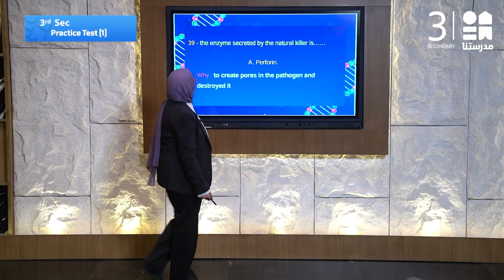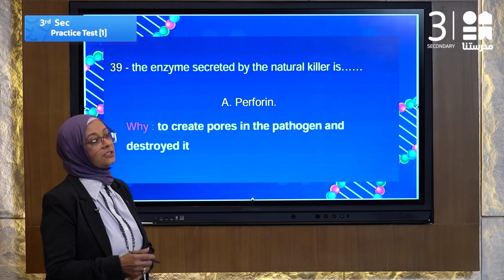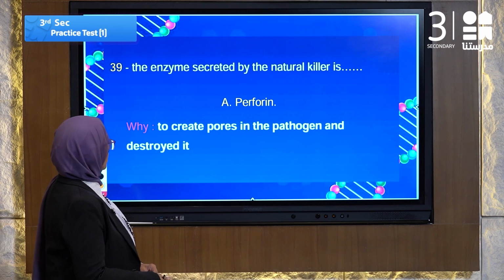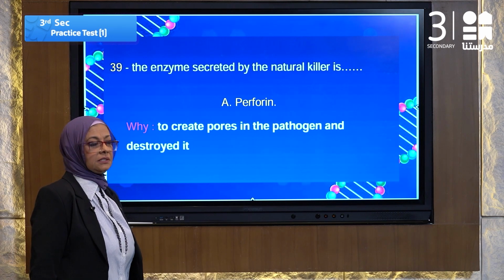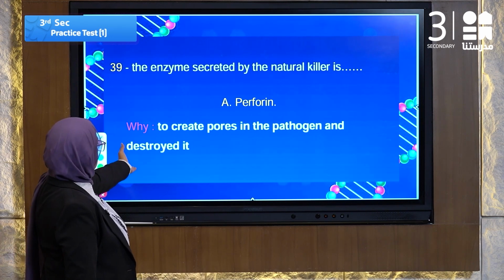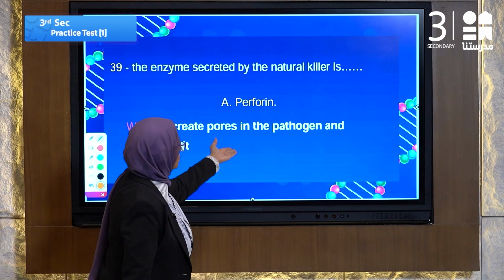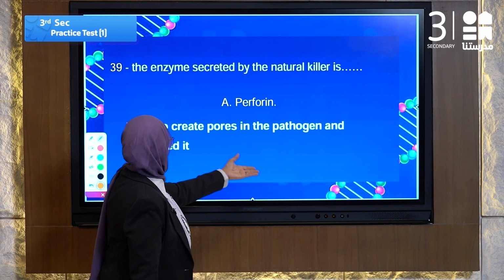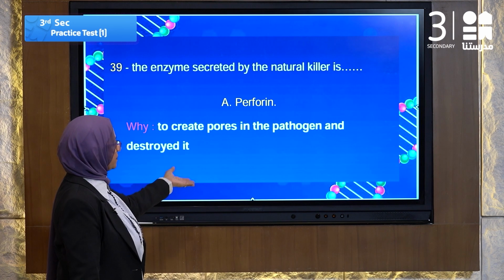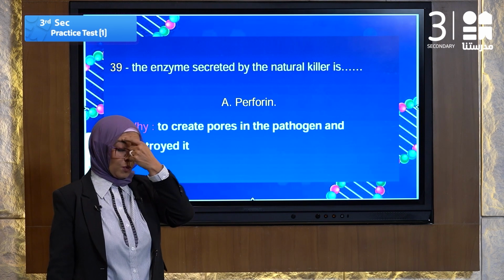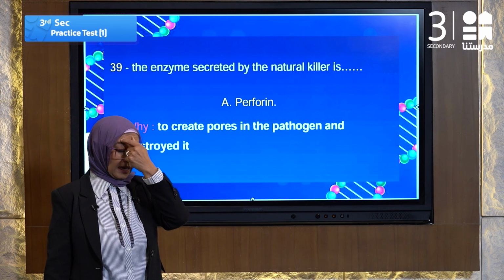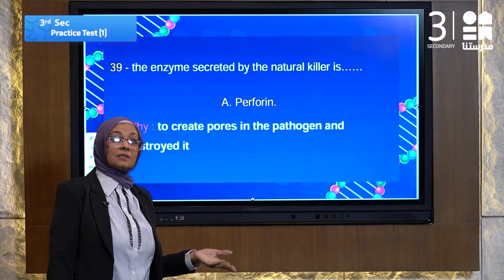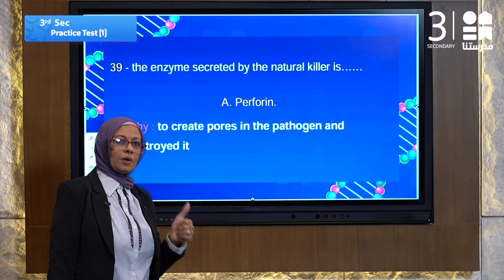The enzyme secreted by the natural killer is perforin. Why is perforin secreted? To create pores. Pores mean openings in the pathogen to destroy it. Like a bullet? Yes, a bullet.